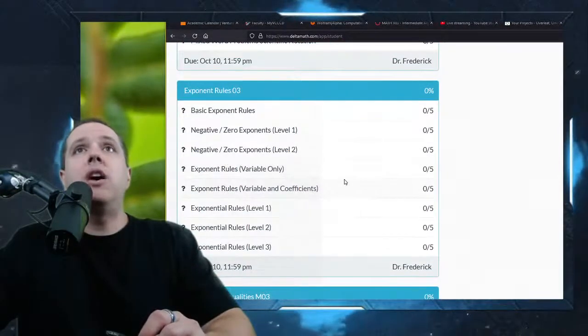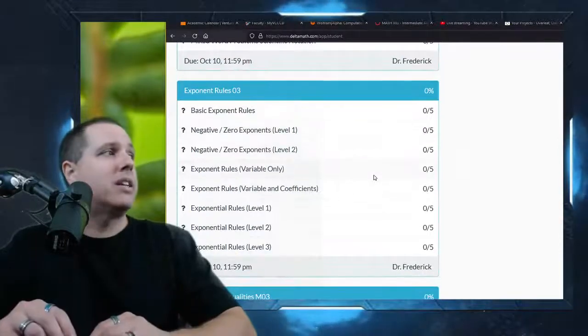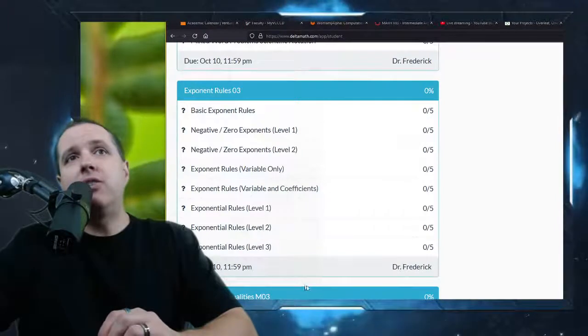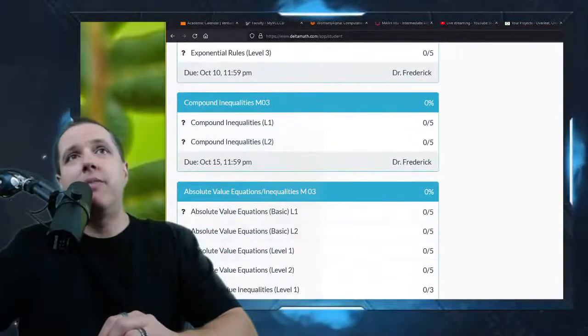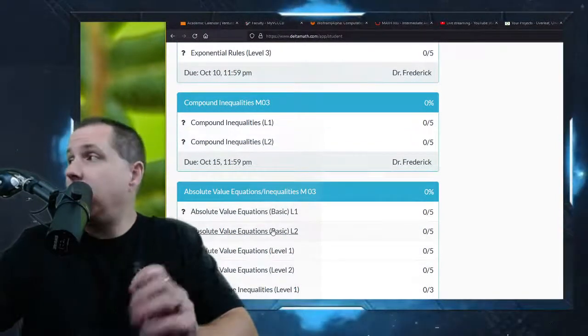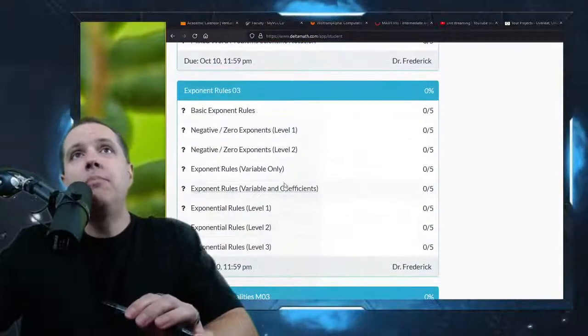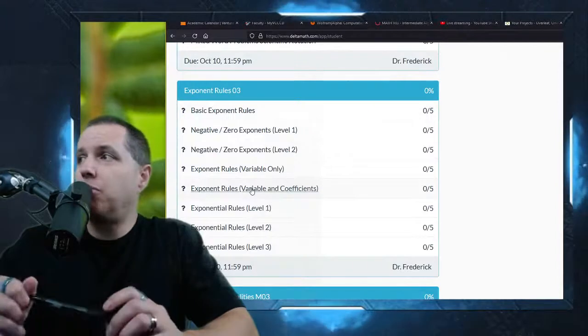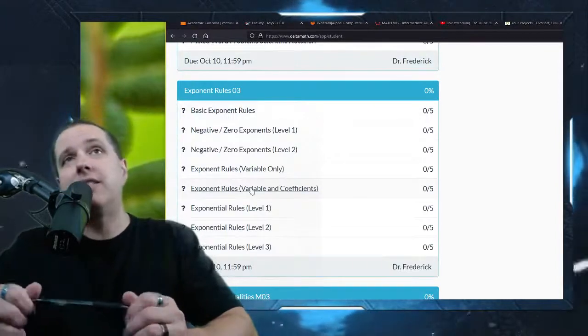So last time we were talking about exponents, basic exponent rules and going over that kind of stuff. Since we have a little bit of time, maybe spend a little time going over these exponent rules and show you how to do those problems just to reinforce what we did last time.